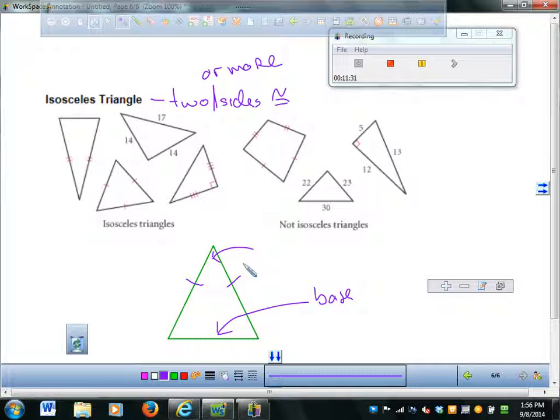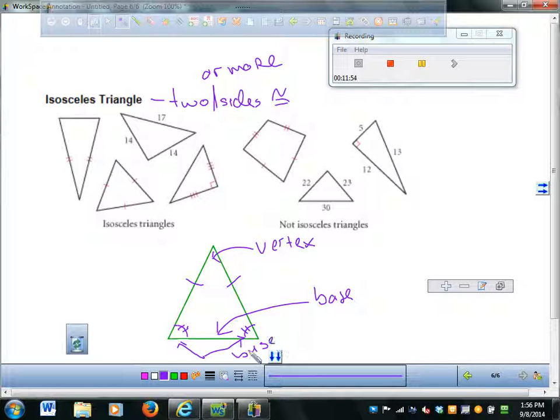They call this the vertex. We don't know that these two are congruent, but I'm going to tell you these two things are called the base angles. This and this, those are called the base angles.